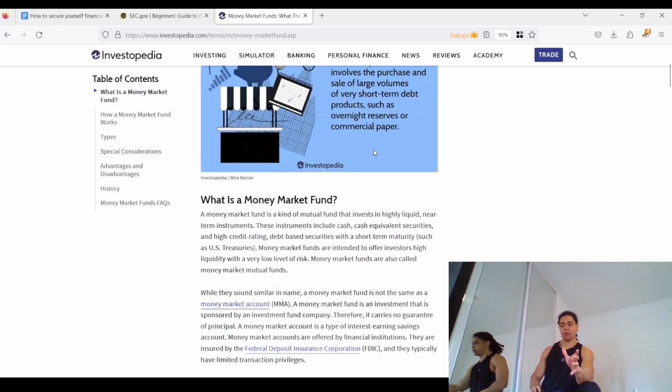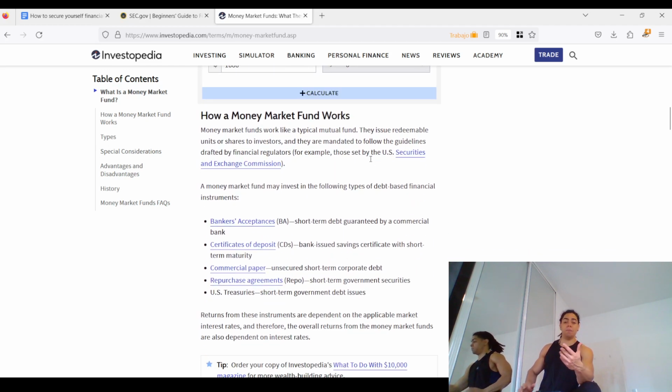What type of product can be? Well, we have here bank acceptances, which are short-term debt issued by banks; certificates of deposit, which are savings certificates issued by banks with short-term maturity; commercial papers, which are unsecured, risky corporate debt; repos, repurchase agreements, which are short-term government securities; as well as the U.S. Treasury bills, which are short-term government debts.